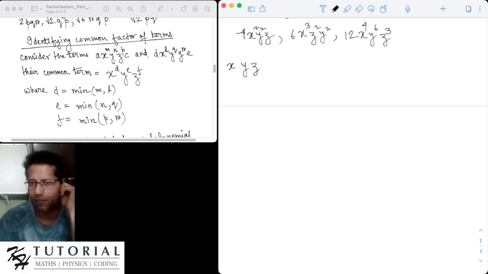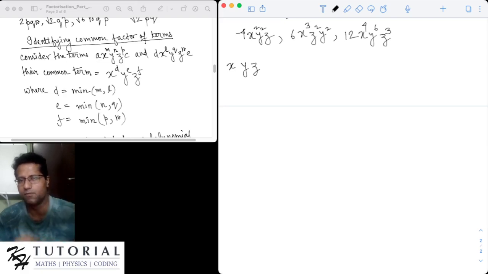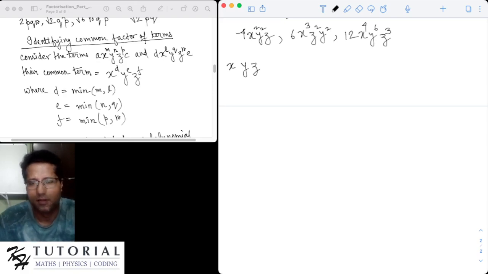The power of x will be the minimum power that you can see in all these three terms. For the first term, the power of x is 2. For the second term, the power of x is 3. For the third term, the power of x is 4. So among 2, 3, and 4, the minimum value is 2. So the power of x in the common factor will be 2.